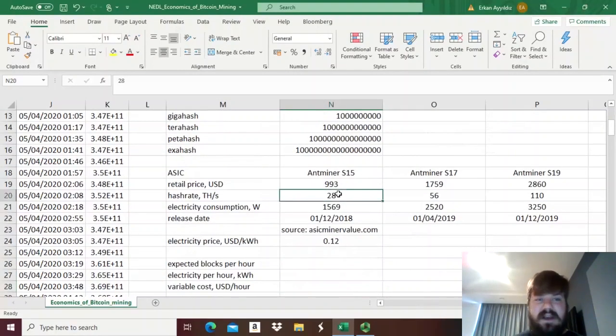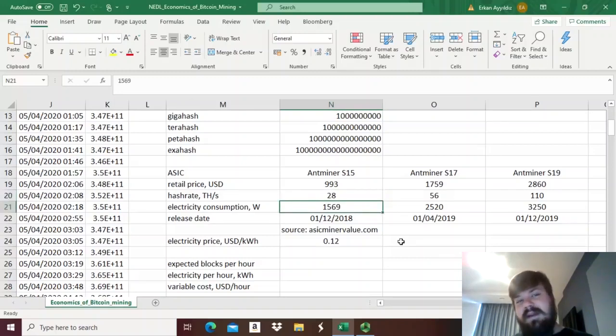Efficiency characteristics are obviously the hash rate of those particular ASICs, so the computational power 1 unit of hardware allows you to obtain, as well as the electricity consumption. Well, why is electricity consumption relevant?